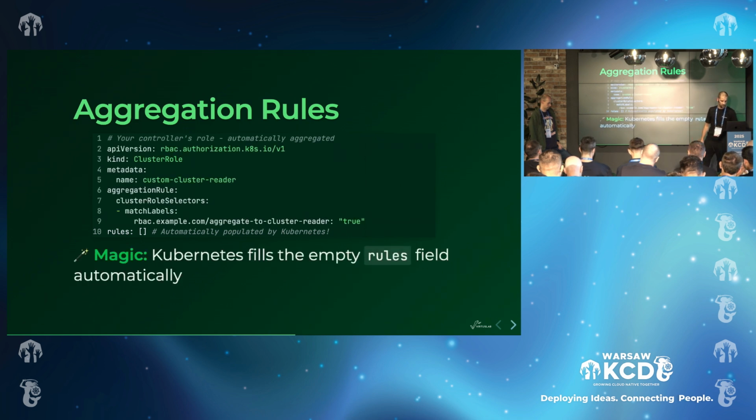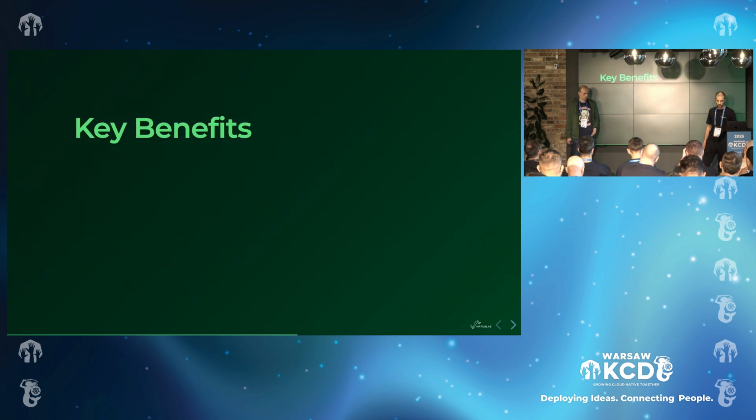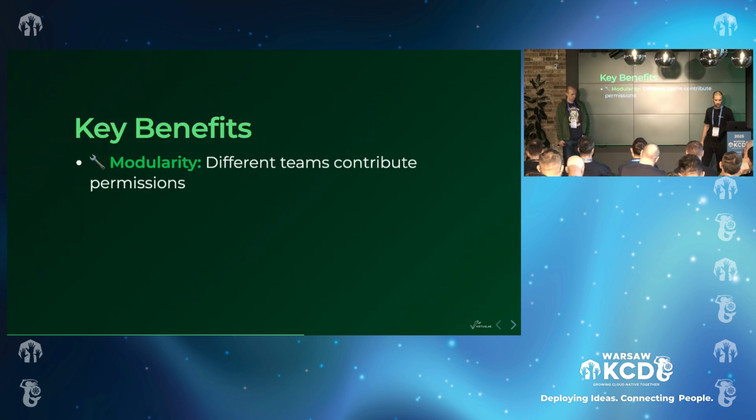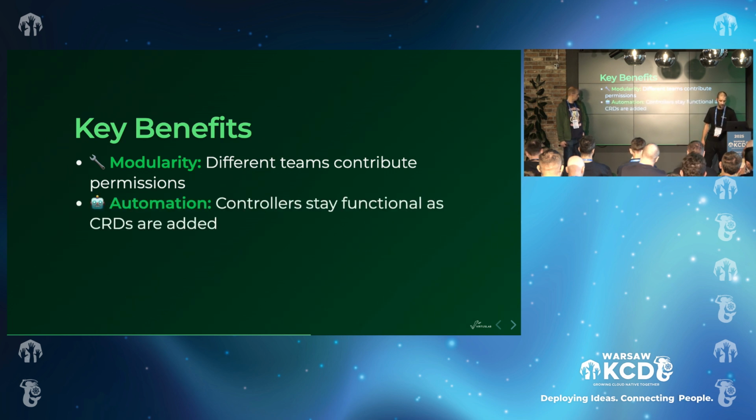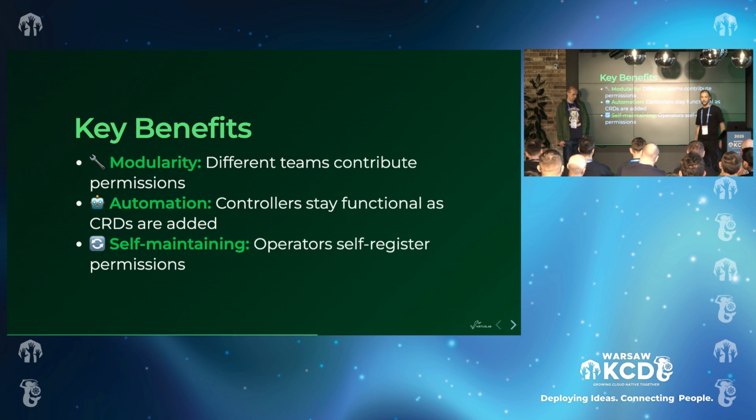And Kubernetes magically fills them up without our action. So what are the benefits? Different teams can contribute different permissions. They just need to add the label. The controllers stay functional as new CRDs are added. And the operator can self-register the permission.